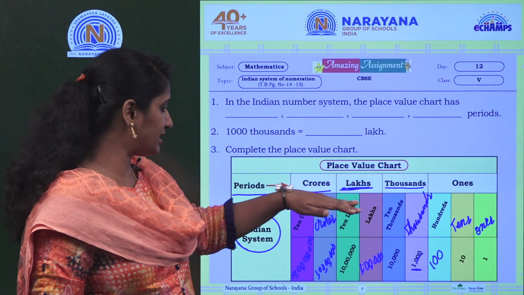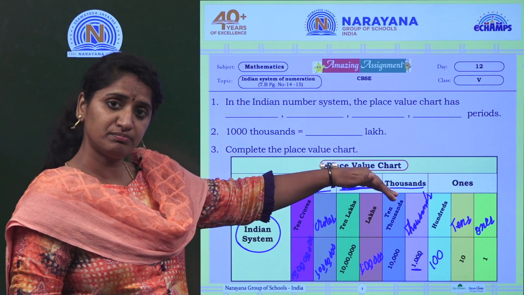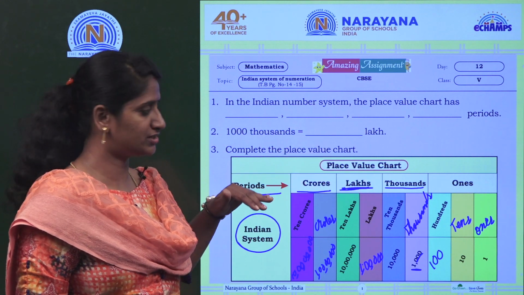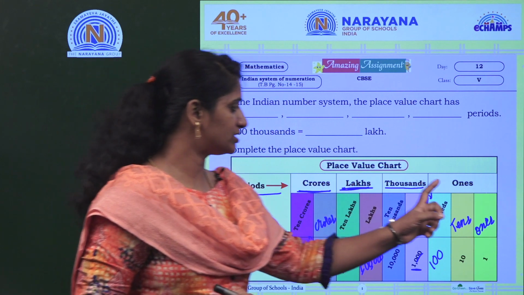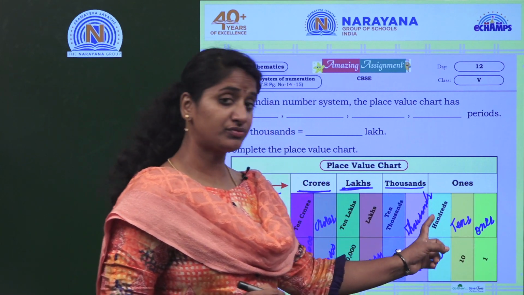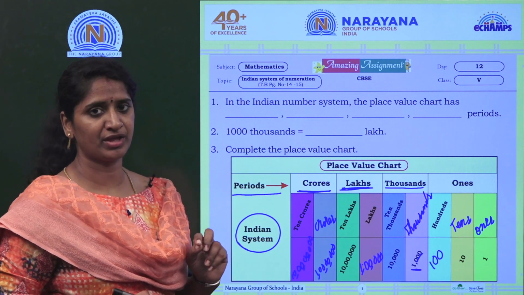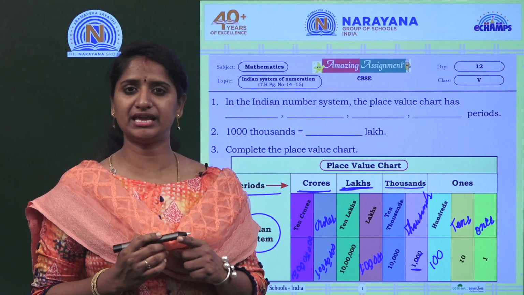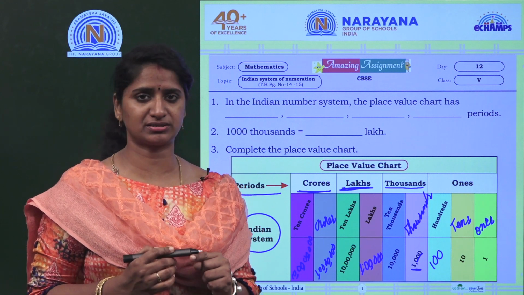We are dividing like this, and the periods are ones period, then thousands period, and lakhs period, and crores period. So up to crores period, how many places? Let's count 1, 2, 3, 4, 5, 6, 7, 8, 9. In crores period, that means 10 crores place starts from 9 digits. That is 9 places it has.